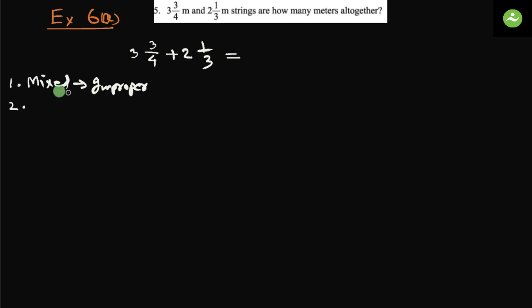First thing first, we'll change mixed to improper fraction. 3 into 4 plus 3. 3 into 4 is 12, plus 3 is 15. So 15 will be the numerator, and denominator will remain as it is, 4, plus 2 into 3 plus 1. 6 plus 1 means 7, and denominator will remain 3.